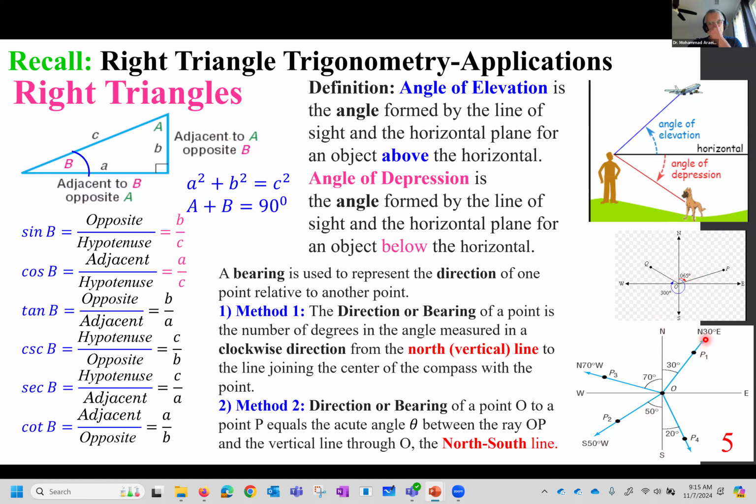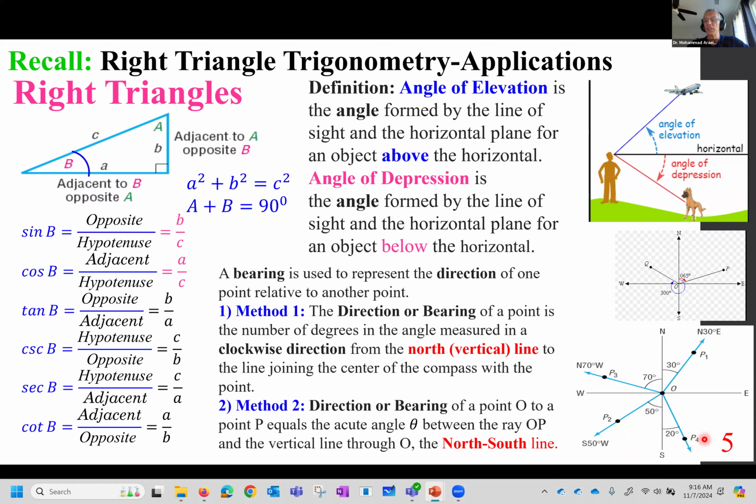For example, P1, we're going to say north first, then the angle, which is 30 degrees, and the side, which is east. Whereas P3, it is still north, 70 degrees, but this time west. If I want P2, now I'm going to say south. The angle is 50 degrees, and it's on the left side, west.